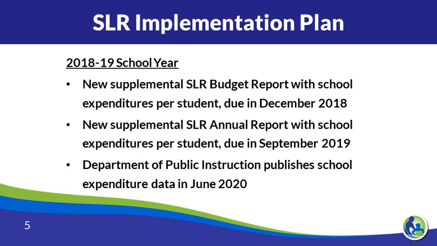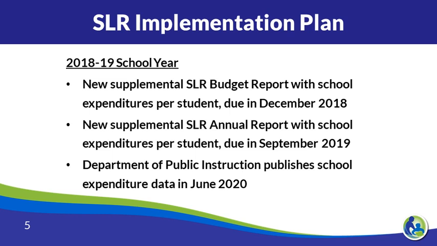DPI's plan to implement school-level reporting has been in development for a few years now. For the 2018-19 school year, there will be a new school-level budget report due in December 2018. This will be in addition to the existing PI 1504 budget report already required for Wisconsin school districts. It will also be a new requirement for independent charter schools.